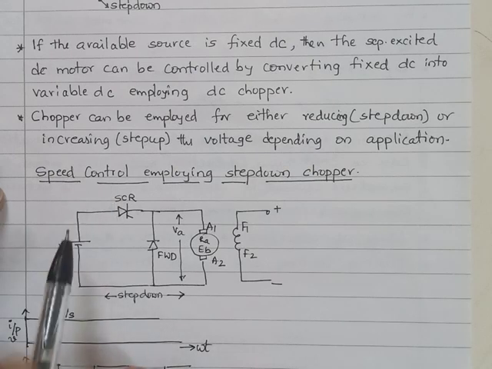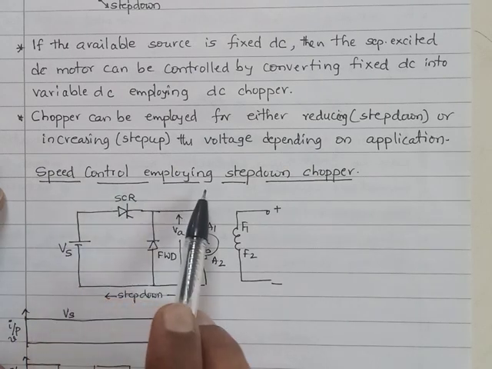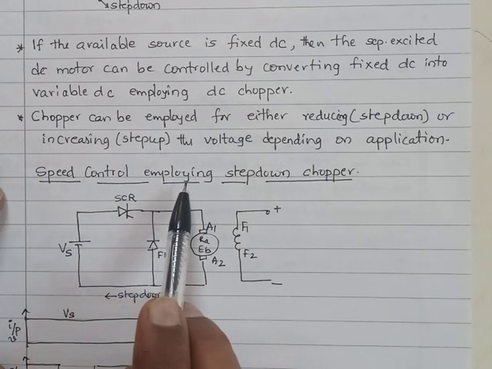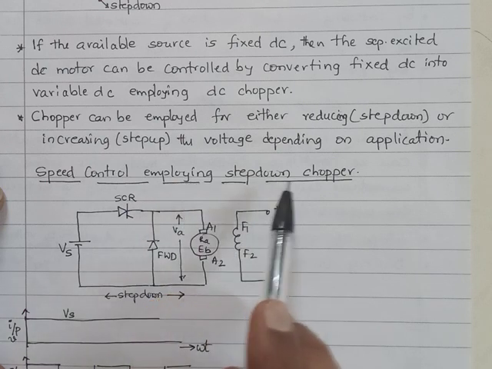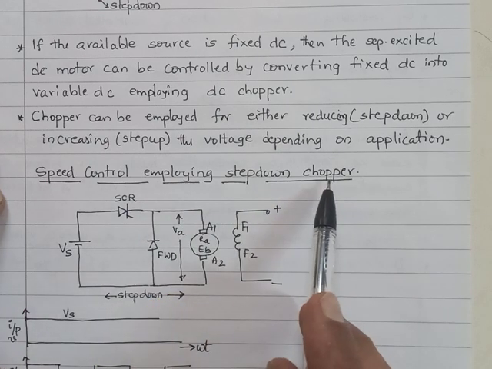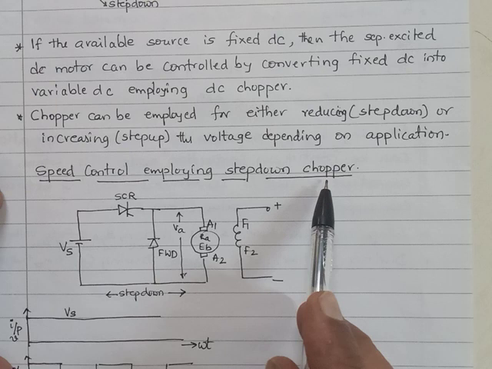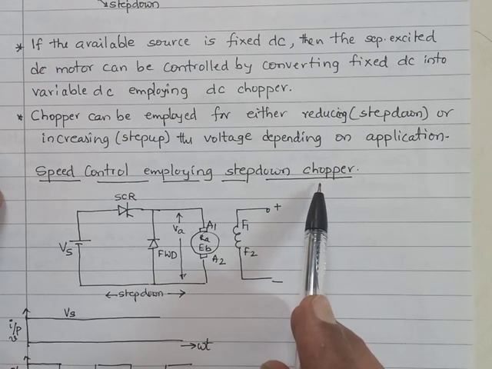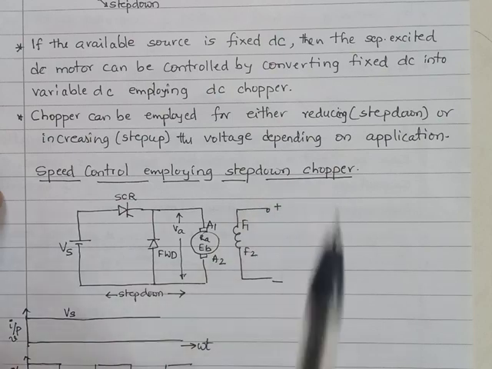Let us look at the speed control of the separately excited DC motor employing step down chopper. Step down chopper is the one wherein the voltage is decreased as compared to the input voltage.